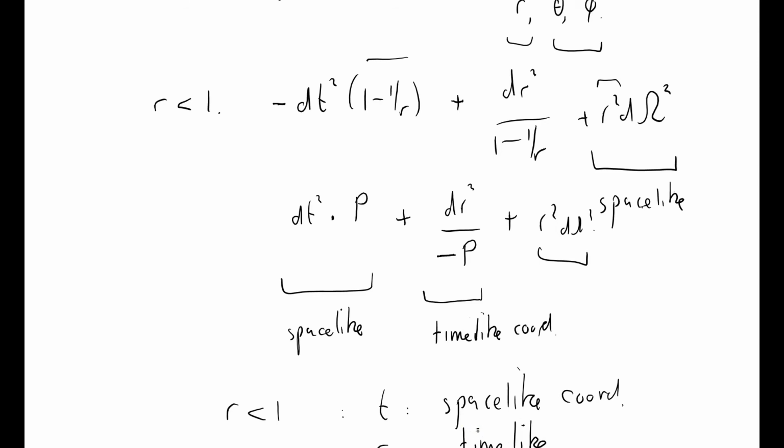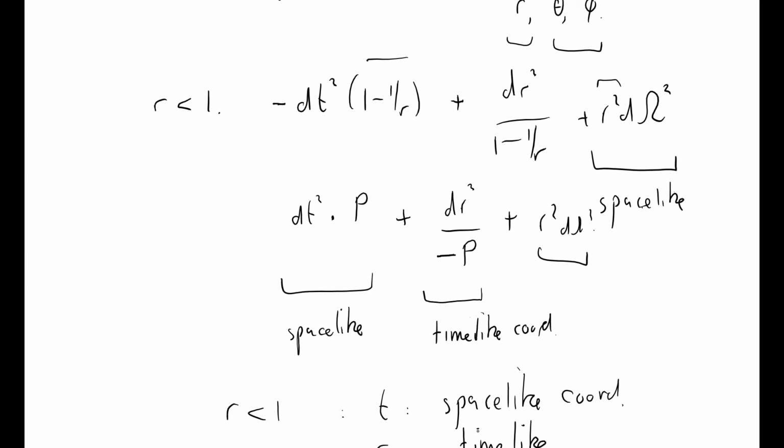And so what that means physically is that outside the event horizon, outside r equals 1, the time coordinate t marches forward because it's a time-like coordinate.